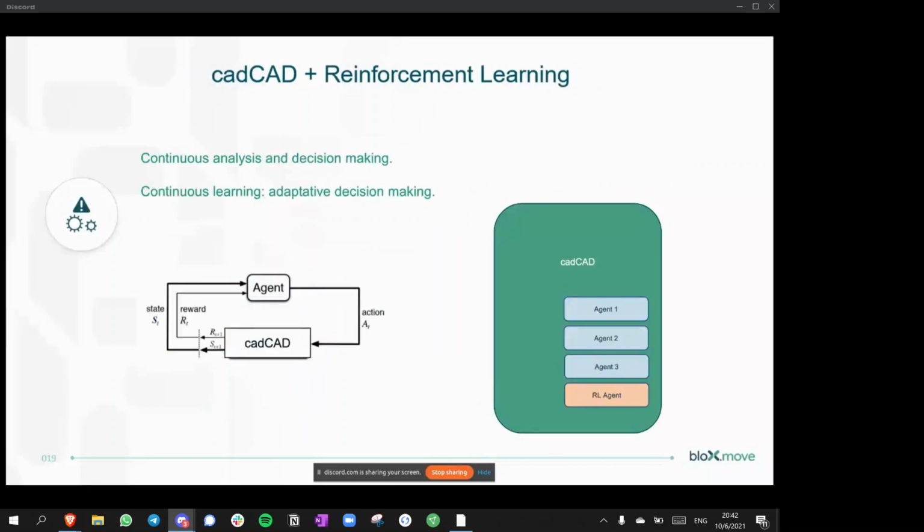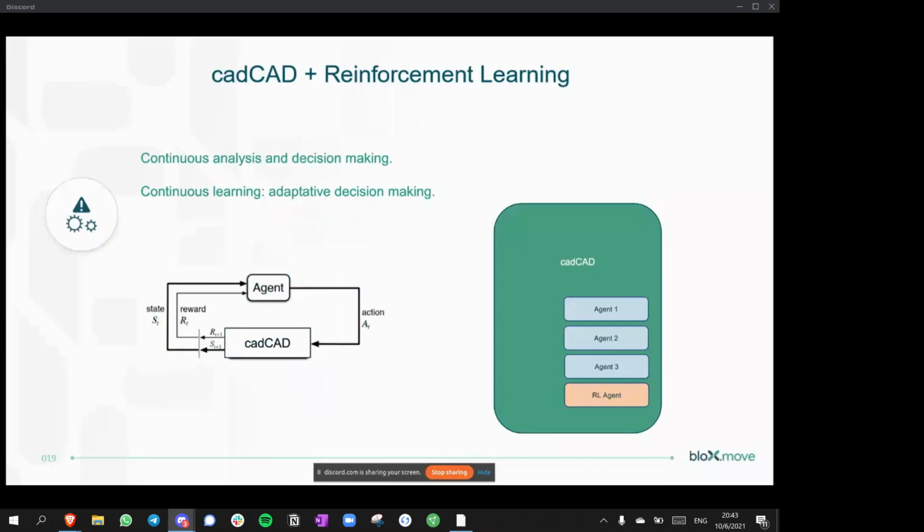To do so, I need to use reinforcement learning, because, as I said, reinforcement learning is meant for dynamic environments where I can observe what is happening, act on it, and also evaluate my actions. Here we have the same diagram as before, the formal description of reinforcement learning, where we just change the environment we were using before for the cadCAD environment.